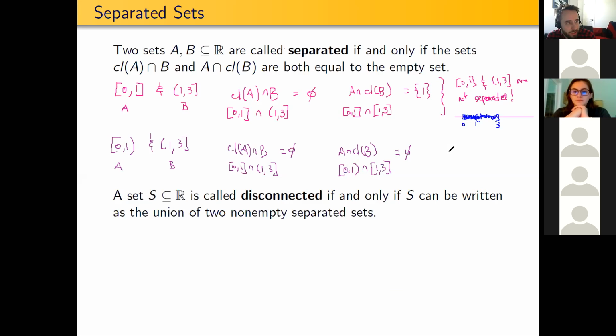So in this picture, we actually have that these two sets, A and B, are not only disjoint, they are separated. And if we were to draw the picture, it looks almost the same as the picture above. It just so happens that our set A goes from 0 to 1.